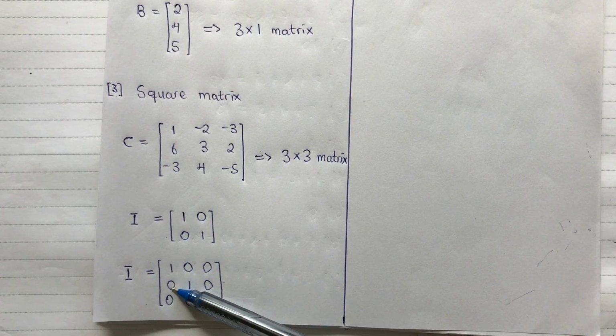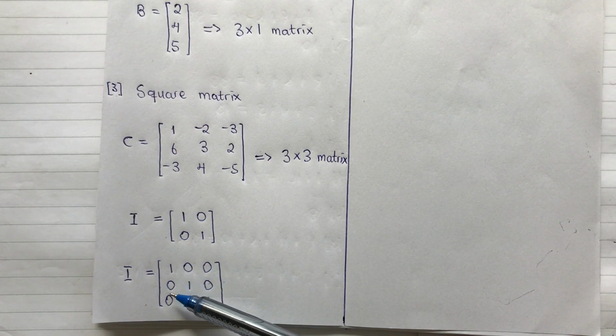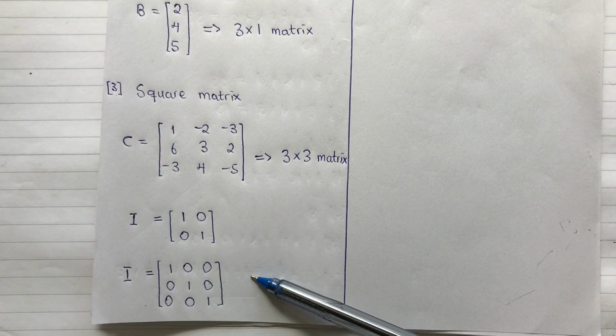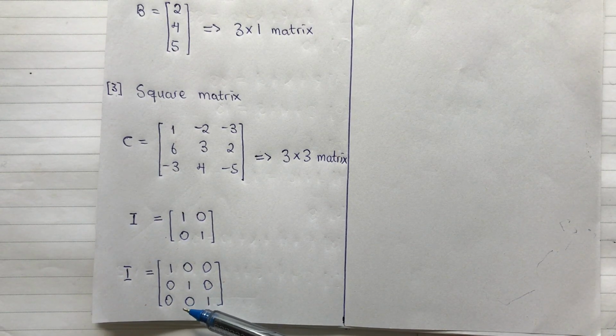Then when you come back to the next row, you start from 0. So 0, 1, 0. Then when you move on to the next row, you start 0, 0, what? 1. If it is a 4 by 4 matrix, 1, 0, 0, 0, 0, 1, 0, 0, 0, 0, 1, 0, 0, 0, 0, 1. But I guess you got the concept.